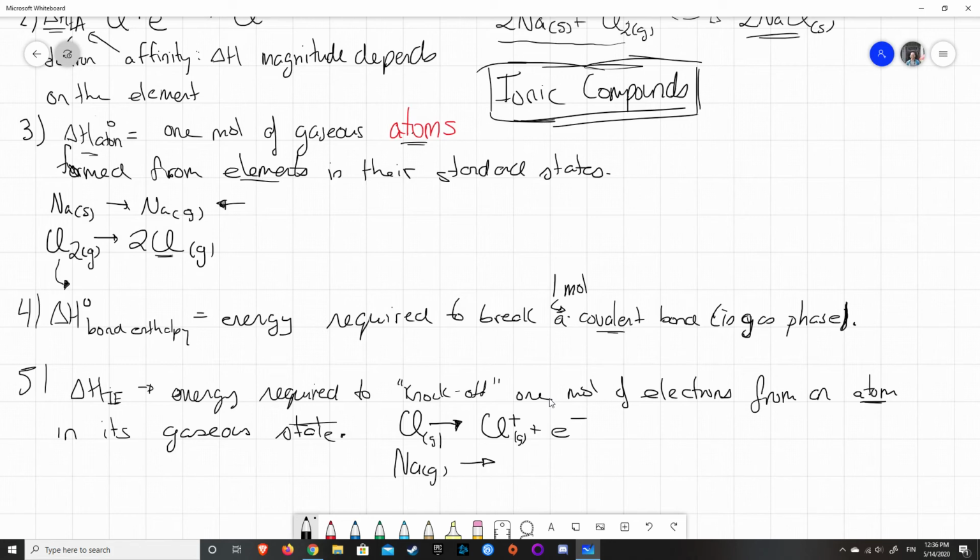We input some fast-moving electrons to bombard this, and we knock off electrons. So we get sodium positive in the gas phase, plus electrons. We've knocked off an electron. So the energy required to knock off one mole of electrons from one mole of atoms in their gaseous state.